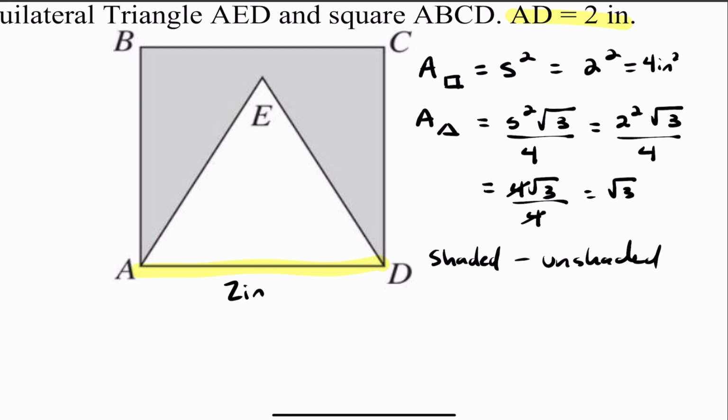So the shaded region is the square, 4 inches, minus the unshaded, which is root 3. So if I put into my calculator 4 minus the square root of 3, the area is approximately 2.27 square inches. And that's your answer. And we're done with the notes. Toodaloo.